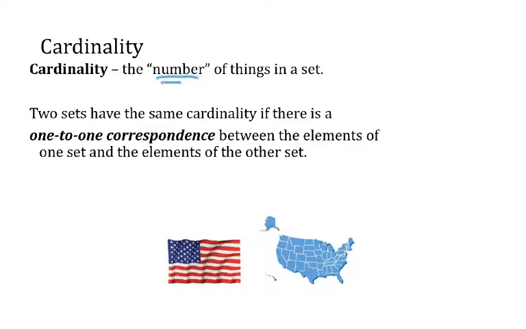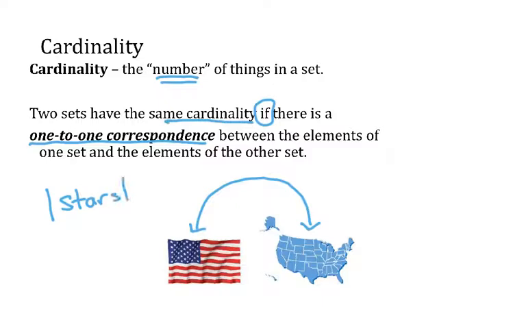We can think of it as the number of things in a set. And again, two sets have the same cardinality if you can form a one-to-one correspondence between the elements of one set and the elements of another. Now this picture represents two sets. On the left-hand side we have the set of stars on this flag, and over here we have the set of states in the USA.